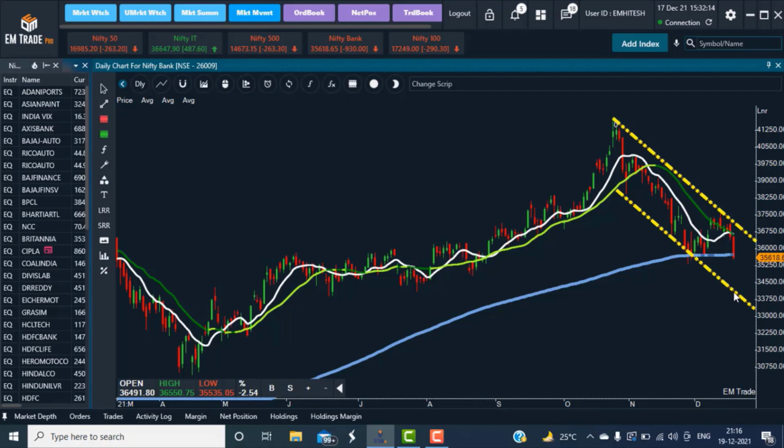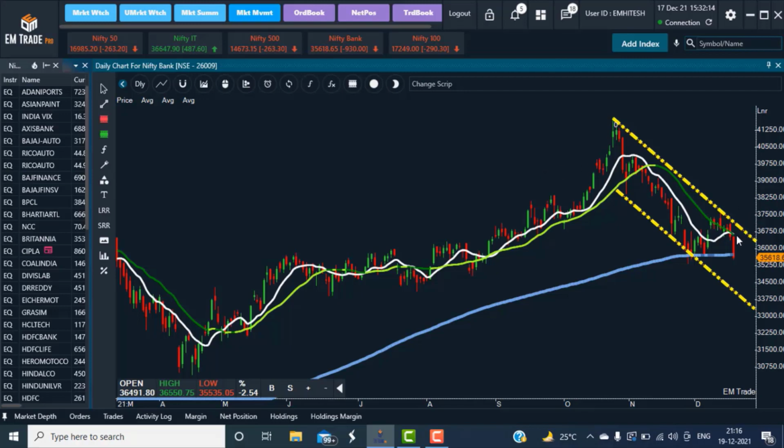So both the indices are poised negatively. Friday's highs are crucial points as far as any short-term pullback or bounce is concerned. Till that is not crossed, let's not trade for a pullback or a bounce.